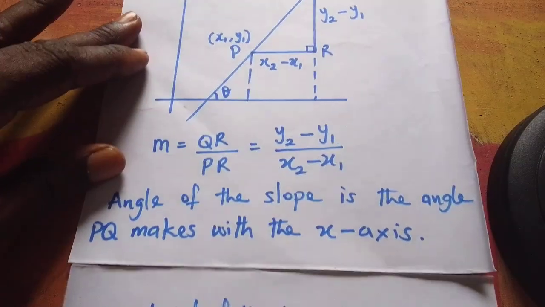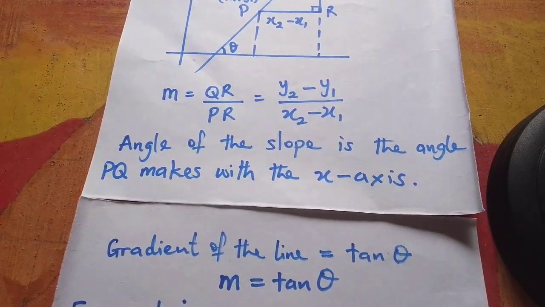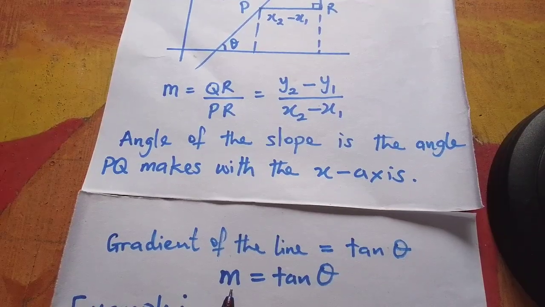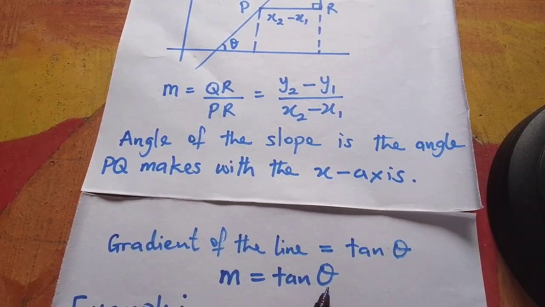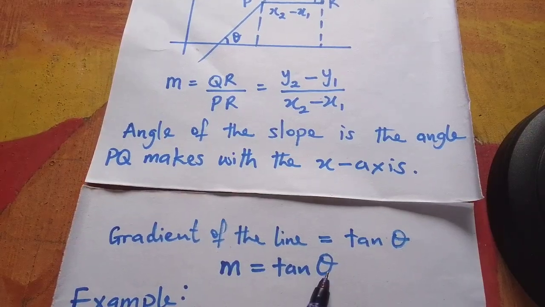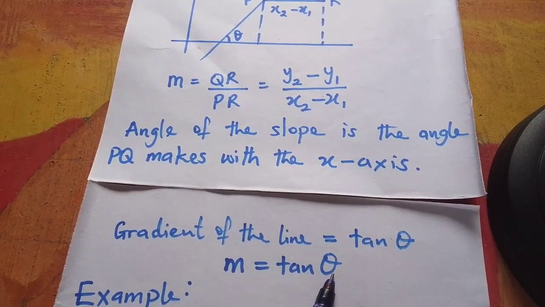So the gradient of the line is equal to tan theta. That means the slope is equal to the value of tan theta. Then from here, when you get tan theta, you'll be able to look for the value of the angle that the slope makes with the horizontal axis.